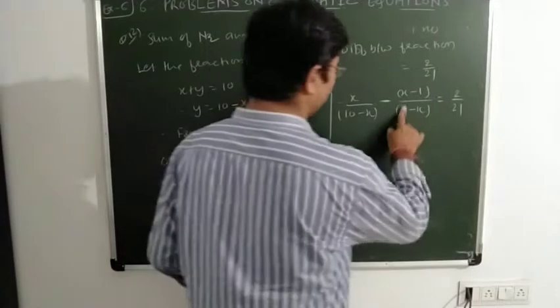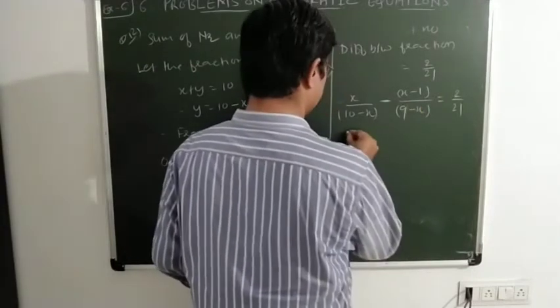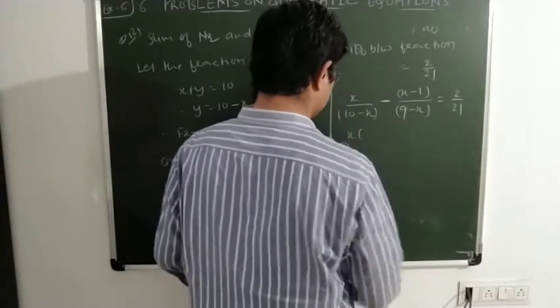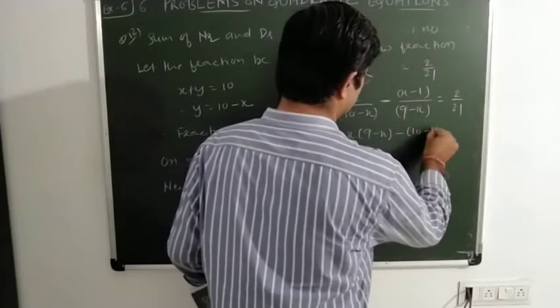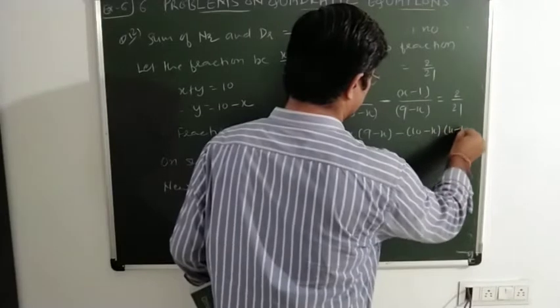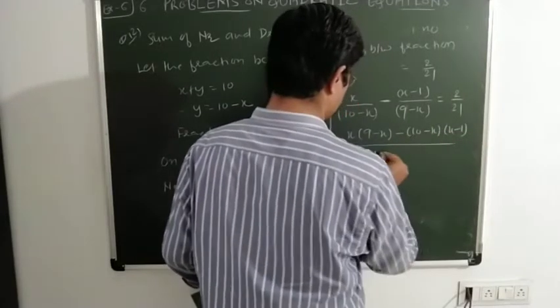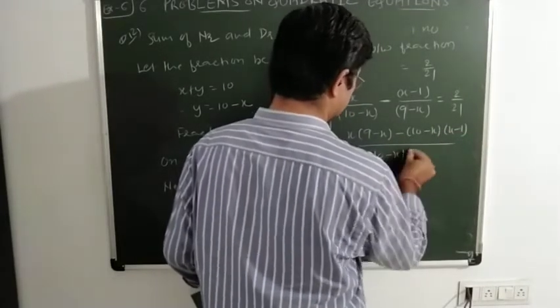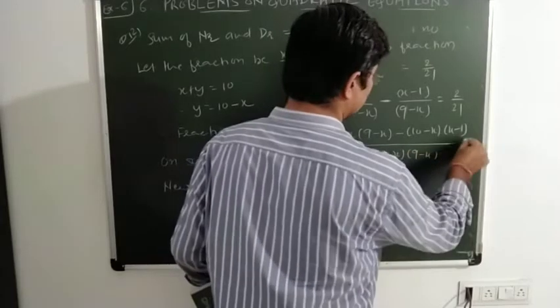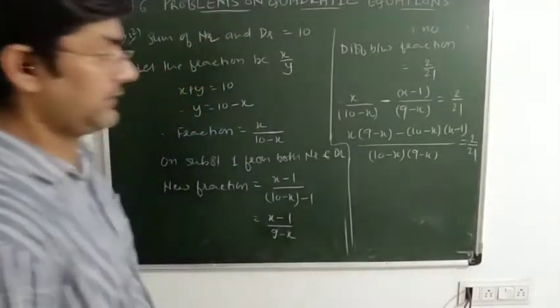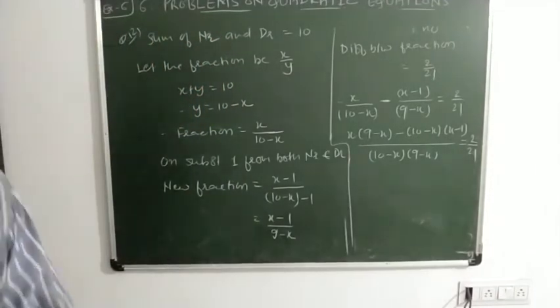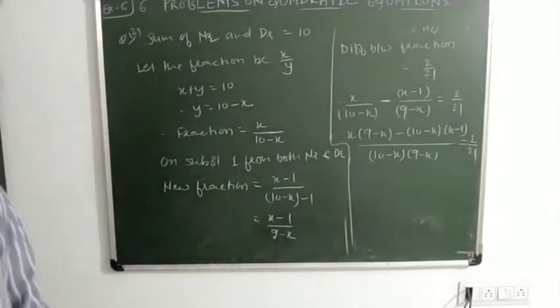Now let us simplify. Okay, therefore x into 9 minus x minus 10 minus x into x minus 1 upon 10 minus x into 9 minus x is equal to 2 upon 21. Now further simplification is left, so we will simplify.